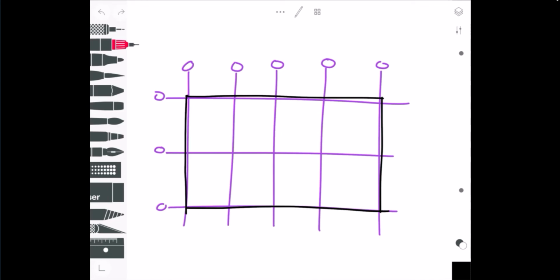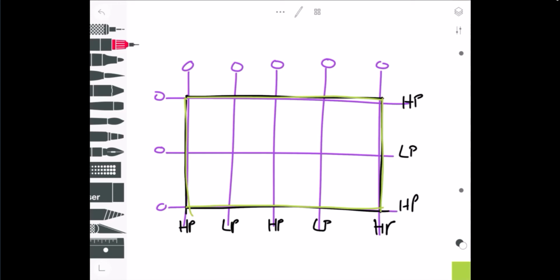So really all I do is I say, okay, this is a high point, this is a low point. This can be a high point, this can be a low point, this can be a high point. That works out perfect. On the other side, high point on the perimeter, low point, high point. And so what I've done here is if I just draw lines on the high points, I've created that situation.